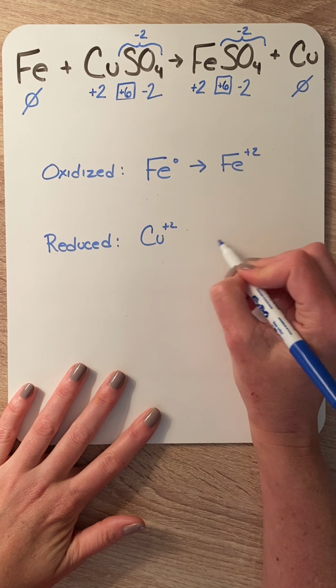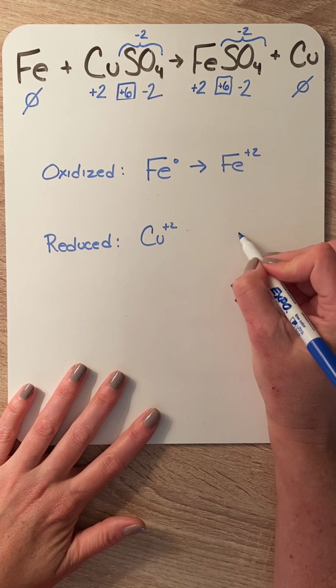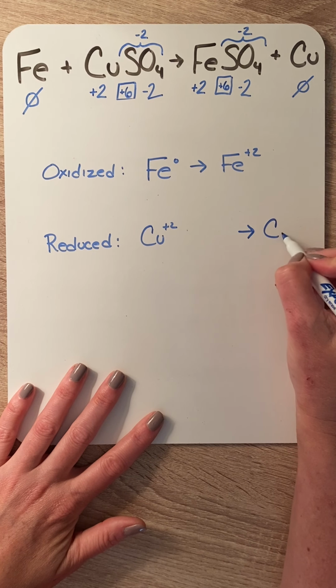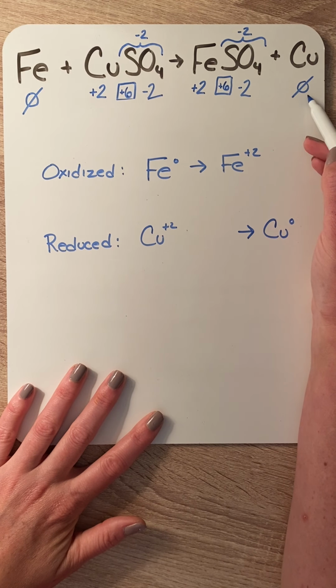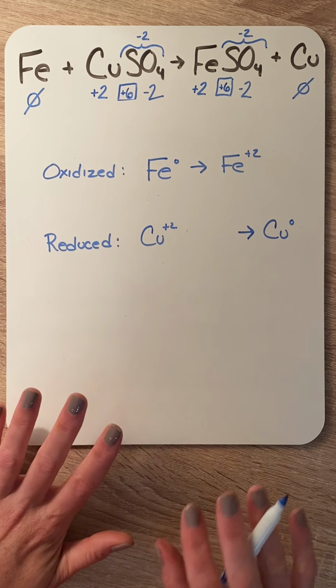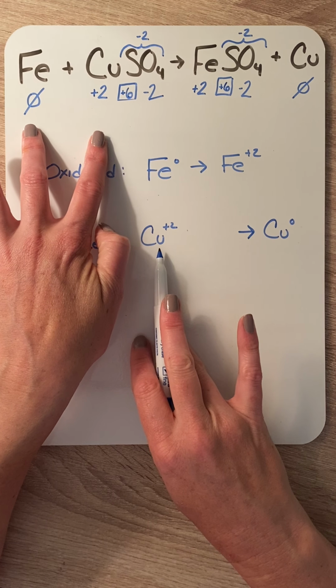Now I'm going to leave a little room here because if you remembered, reduction, we add our electrons to the reactant side. Copper goes from Cu +2 to Cu 0, neutral. So that charge drops.